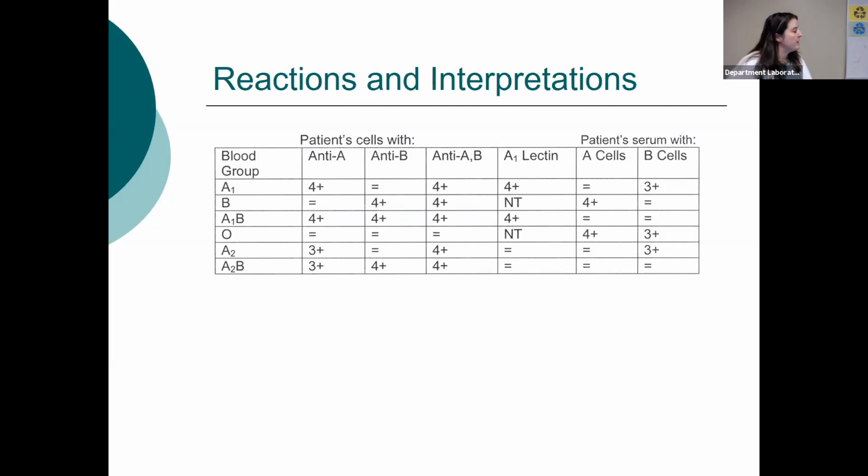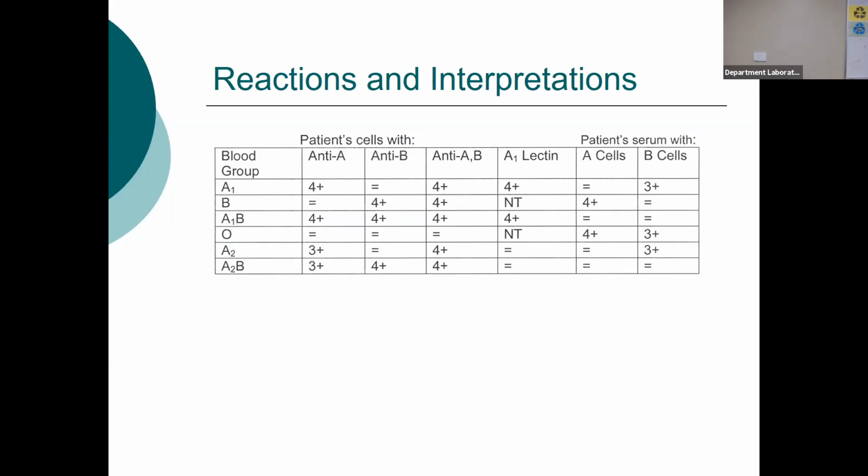All right, so this should be in your lecture manual. These are some of the expected reactions for all of our ABO types. Notice, anti-A, anti-B, anti-A,B, that's your forward typing, okay? So for a group A patient, you have a 4+ reaction with anti-A because the A antigen is on their red cells. You also have a 4+ reaction with A,B, okay?